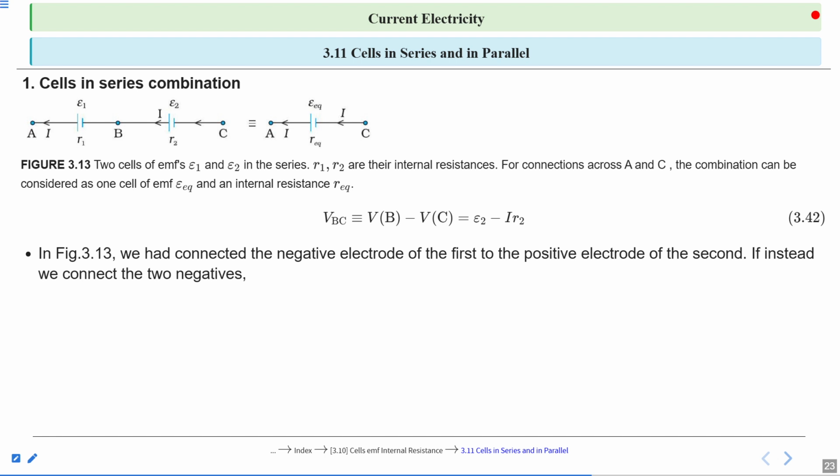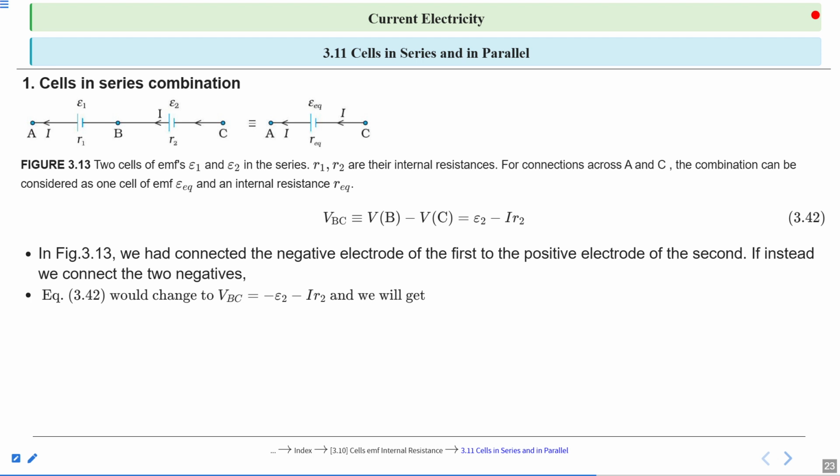If we instead connect the two negatives together, we reverse the direction of the second cell. We connect the negative terminal of the first cell with the negative terminal of the second cell. Then what will happen?